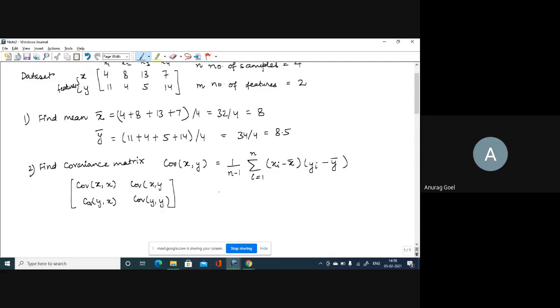So this covariance of x comma y would be 1 by 4 minus 1. Now our first data sample is 4 and 11.